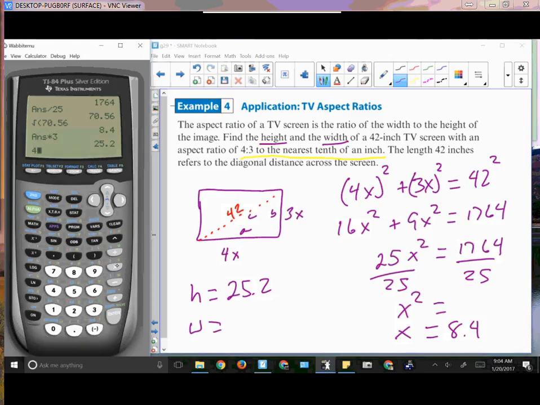That's 4 times 8.4. And we end up with 33.6. So that is what the height and the width of a TV screen for a 42-inch TV are going to be. But again, you can't do this stuff in your head. You have to learn to draw out the pictures and write it out.